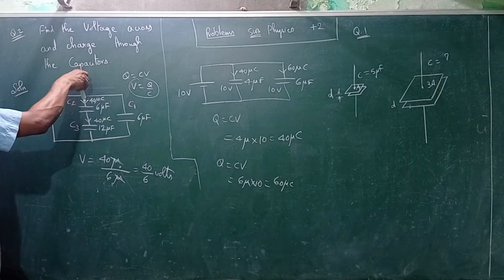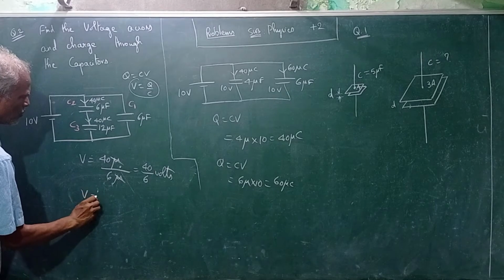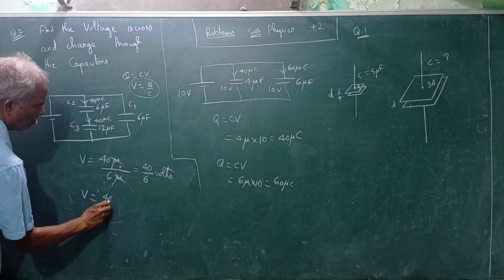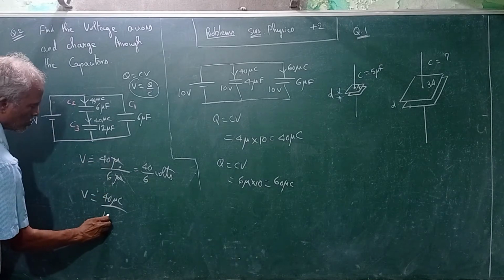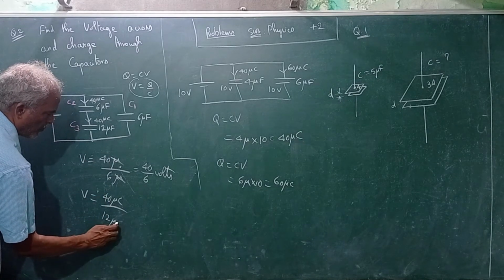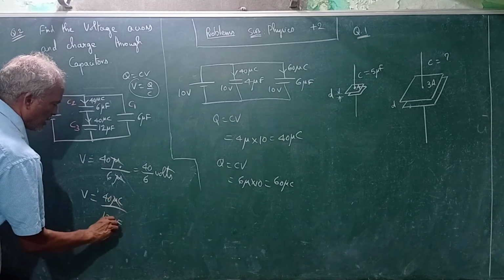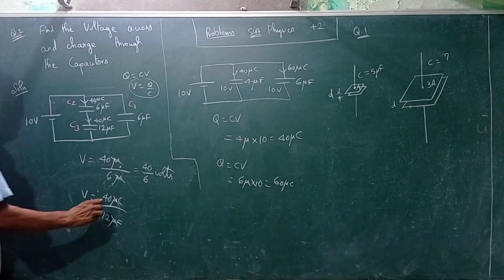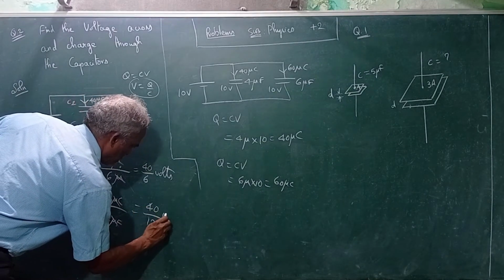The same 40 microcoulomb flows through the 12 microfarad also. So V is equal to Q by C. Q is 40 microcoulomb, C value is 12 microfarad. This micro gets cancelled and you will get 40 by 12 volts.